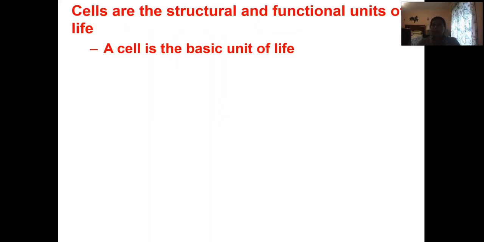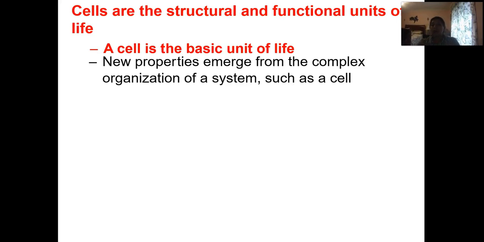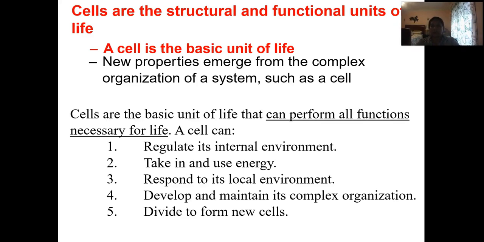So cells are your basic unit of life, whether you are a unicellular or a multicellular organism. And these cells are basically your structural as well as functional unit of life. They will contain all those properties that we just talked about. However, they will have additional properties imparted to them when they come together in this complex organization to create multicellular organisms.